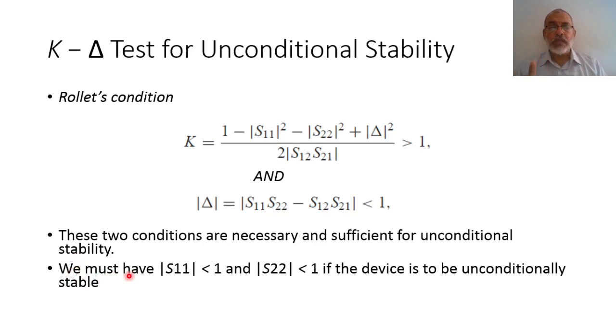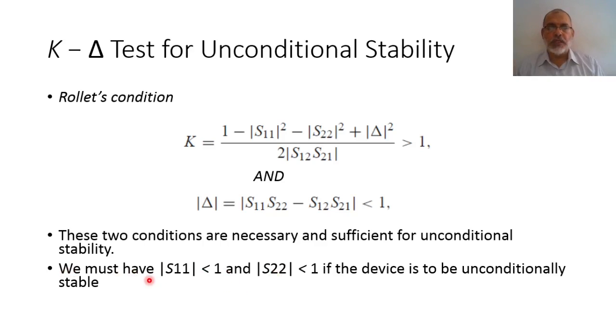Generally, we must have the magnitude of S11 less than unity and S22 less than unity. So basically, before studying any test for unconditional stability, we are looking at the magnitude of S11 and S22. They must be less than unity.